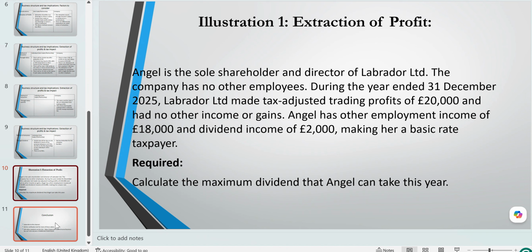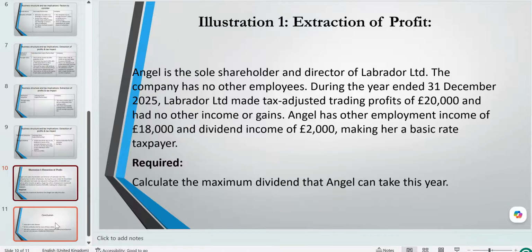Here is an illustration: extraction of profit. Angel is the sole shareholder and director of Labrador Limited. The company has no other employees, meaning this is a person who owns the company. She's a director, and there is no other employee.